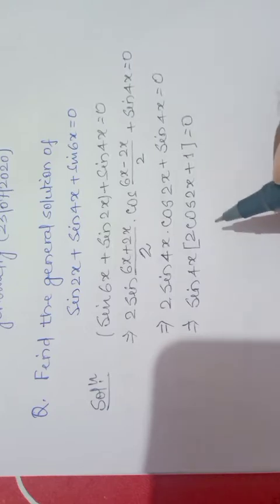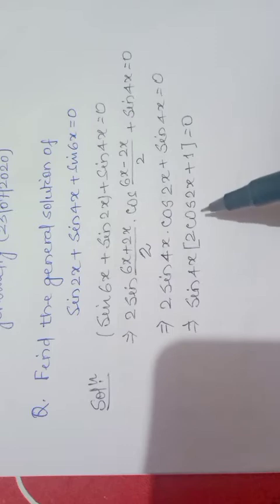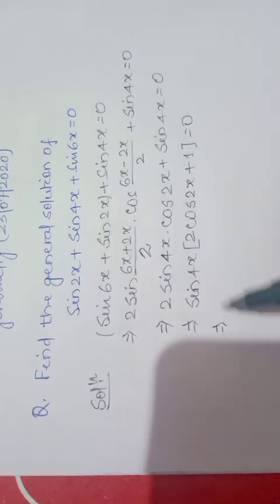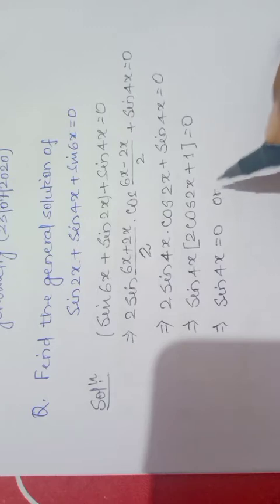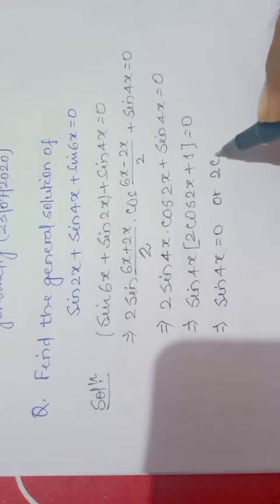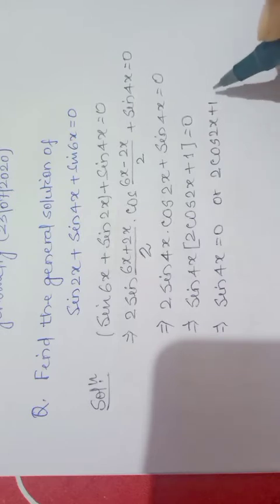Now see students, the product of two terms, one is sin 4x, another is 2 cos 2x plus 1. The product of two terms is 0. It means any one of them should be 0. That means sin 4x is 0 or 2 cos 2x plus 1 is equal to 0.